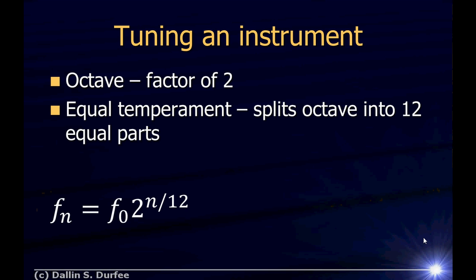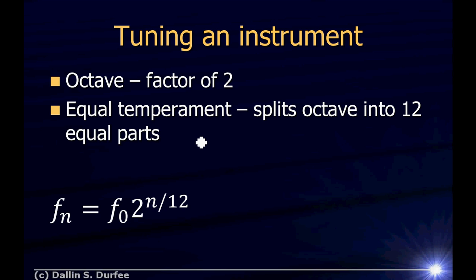Now, how do you tune an instrument? The equal temperament tuning scheme that we use today splits the octave up into 12 equal parts. So we say the octave's a factor of 2. I want to split that up into 12 equal parts. But what do I mean by 12 equal parts? Remember, we hear frequency logarithmically, which means that going up an interval means multiplying by some factor.